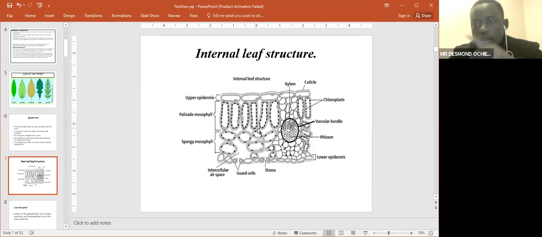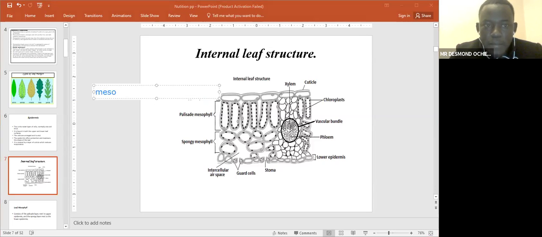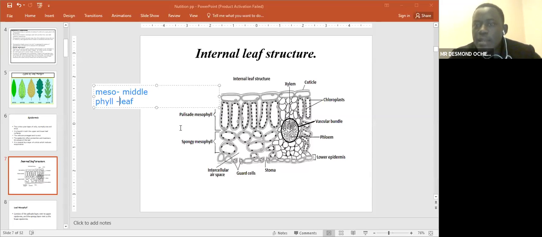Now, meso means middle, while phyll means leaf. So when you see the word mesophyll, just know that it refers to the middle leaf.